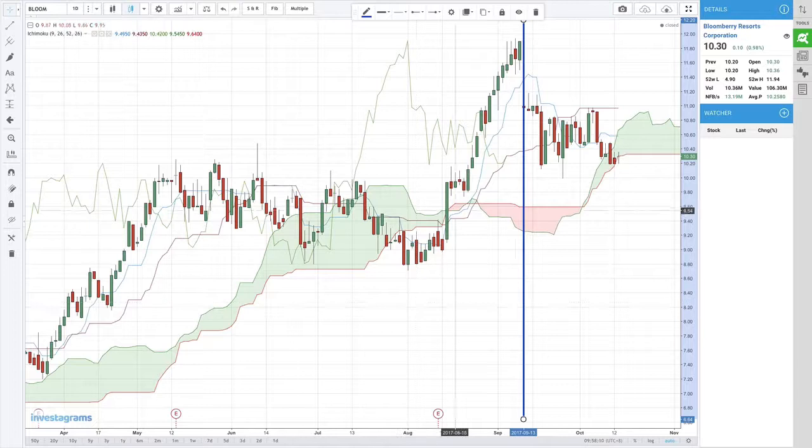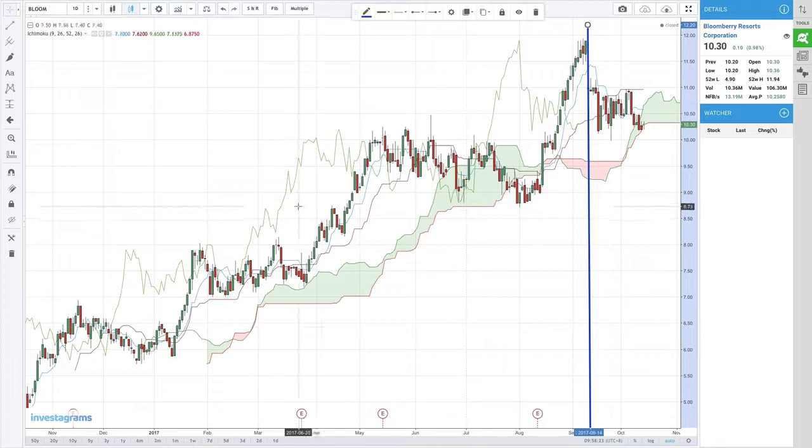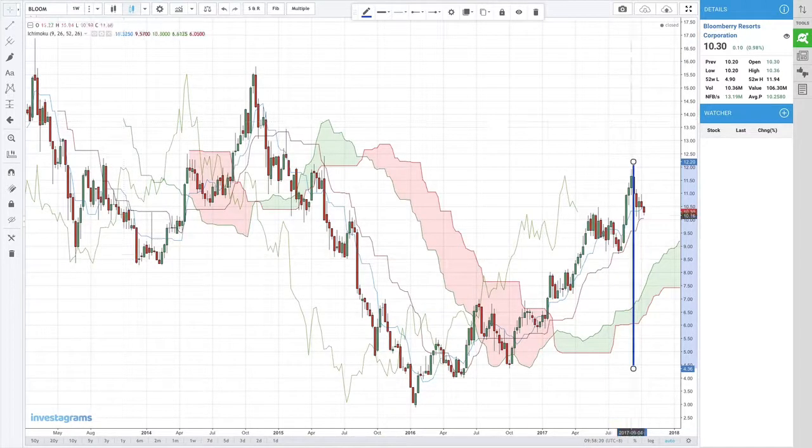Bloom had been trending strongly up until the 1194 levels. This was the area of Bloom's chart which was bullish, the left side. The daily and the weekly charts were bullish at this area before the blue line.